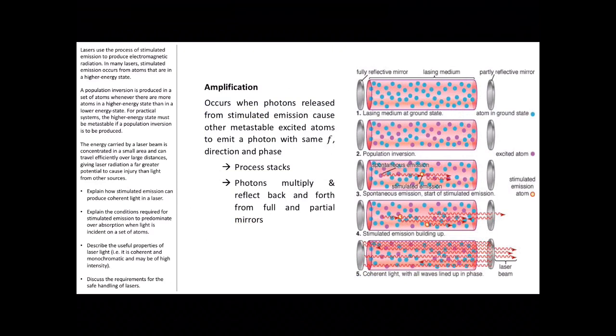In our third image, we've got some spontaneous emission occurring, which then goes on to cause stimulated emission. And then stimulated emission causes further stimulated emission, as we can see in the fourth image. And then your photons will be reflecting back and forth off the full and partial mirrors.